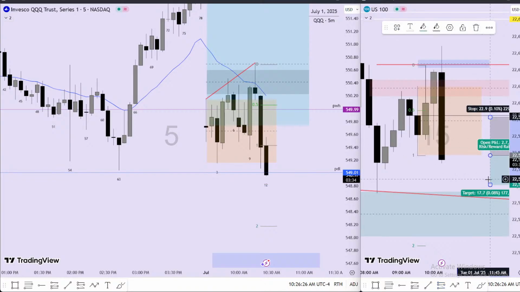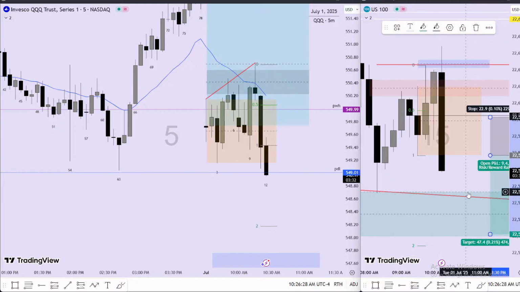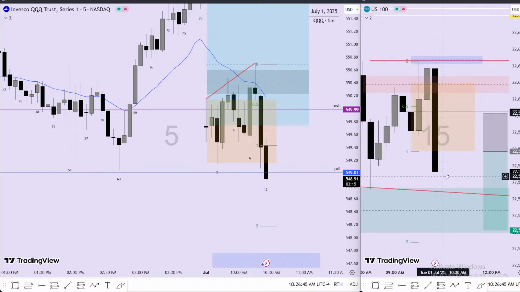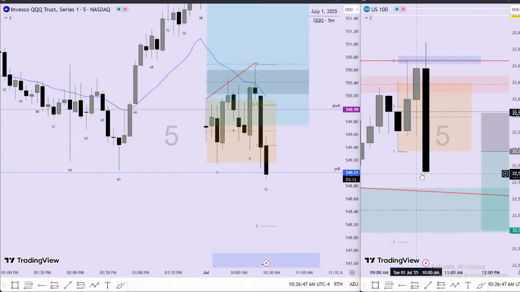Risking 17 points to get 47 points. Let's close this gap once and for all. It needs a good follow through.